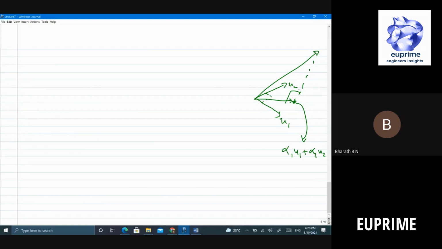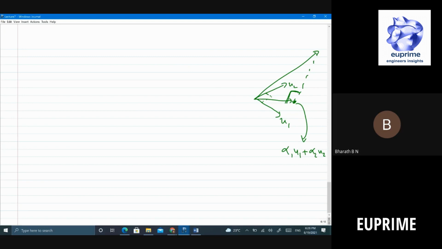Let's take the projection of, let's say, alpha 1 u1, alpha 2 u2. I'm going to project, right? So if I project onto that, the projection itself will give me this, right? So you agree? Now I want to ensure that this is orthogonal. So basically I have to project, right? That's the idea.